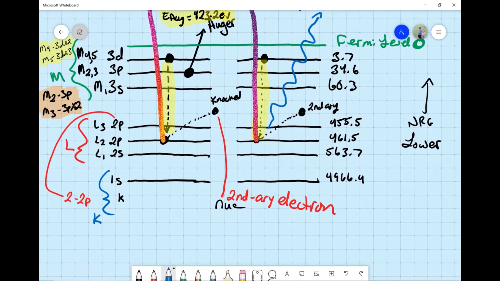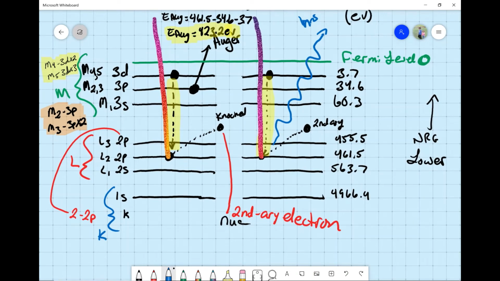So we want to find out the energy now of this photon. And we'll do it in blue. And it's a similar process, okay? It's going to be the energy level that it came from, minus the upper energy level of the electron that took its place, right?